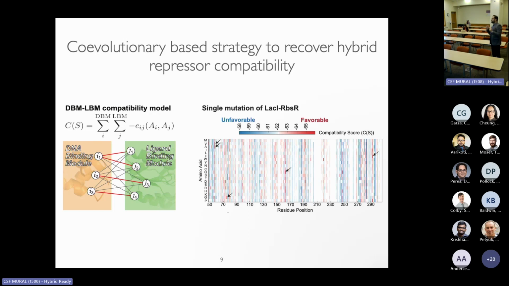That means that now you can have different inputs and different outputs. But whenever you create a hybrid protein, what happens is that you lose functionality. So the protein doesn't work all the time. People sometimes do this. They fuse domains, and then they hope that this works.